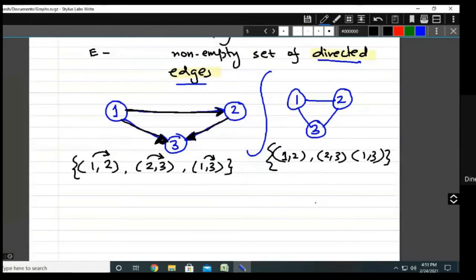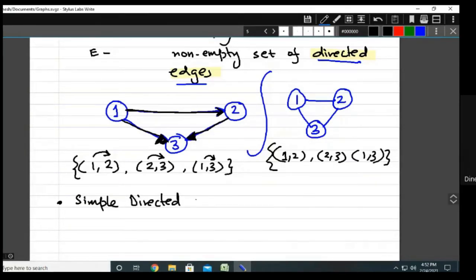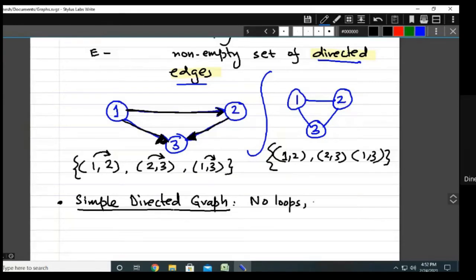Okay, so again the same, simple directed graph. What will be the definition of a simple directed graph? It has no loops and no multiple edges. Okay, good.